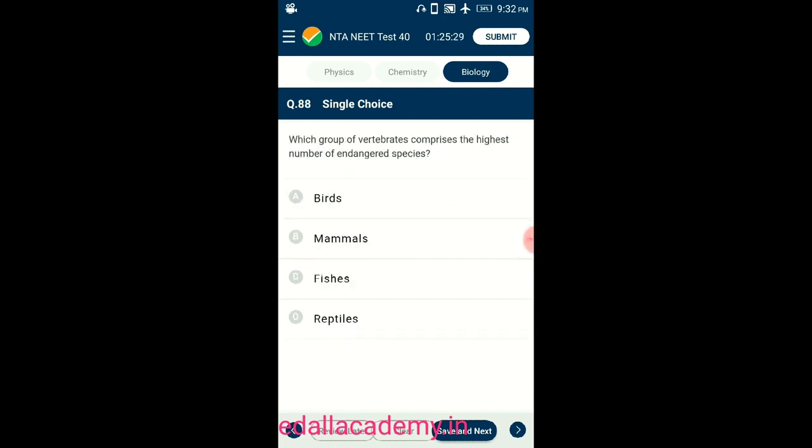Question number 88. Which group of vertebrates comprises the highest number of endangered species? The grim scenario of extinction is the fact that more than 15,500 species worldwide are facing the threat of extinction.